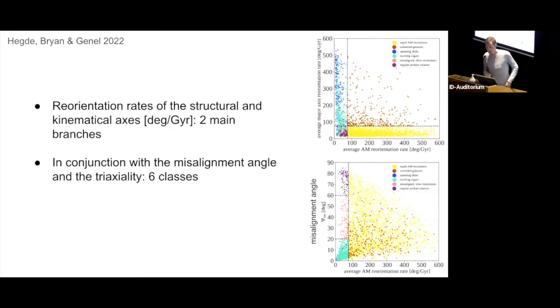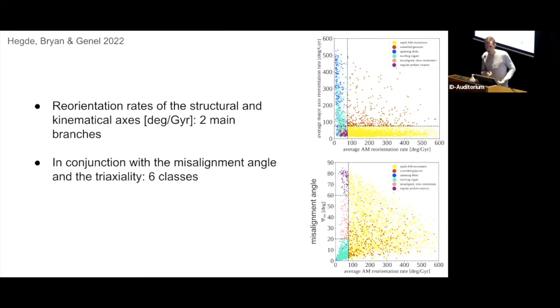Here in the top right, we show these two reorientation rates against each other, of the major axis on the y-axis and of the angular momentum on the bottom. Together with the misalignment between these two axes, we defined these six different classes of galaxies.